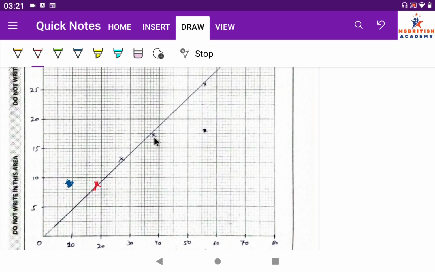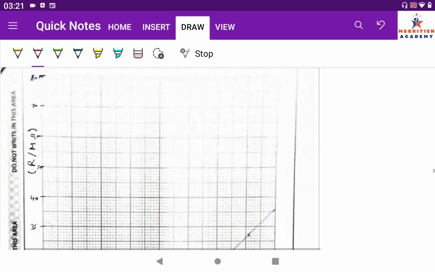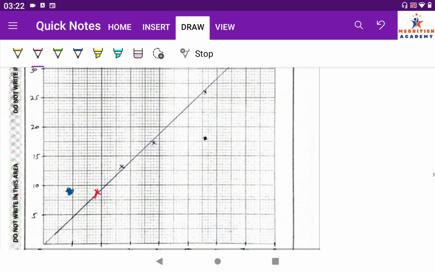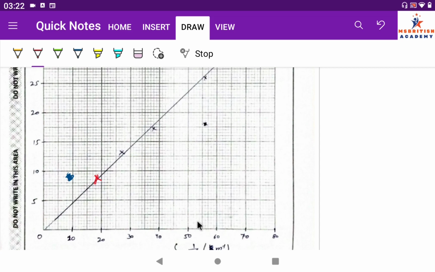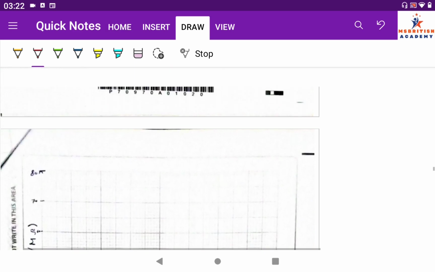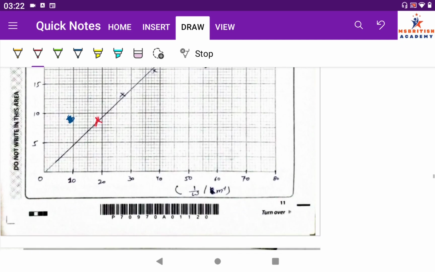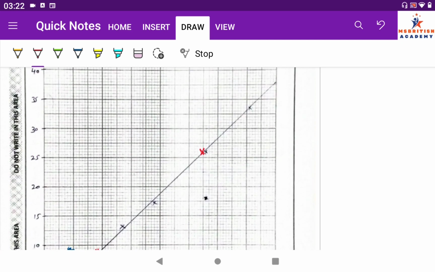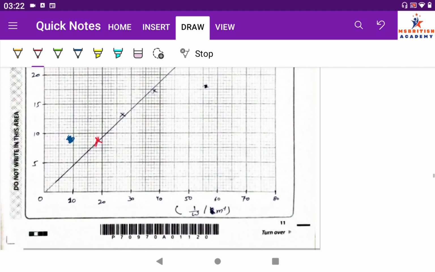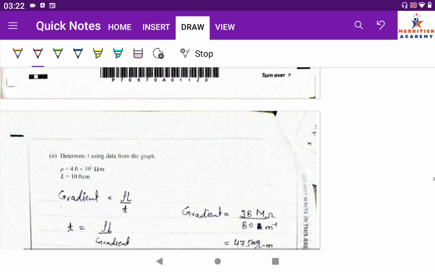Yes, it is almost 15 and 56 is 26. 56 is almost 26, yes, it is around here. And 71 is 33.6. So this will be the correct graph.